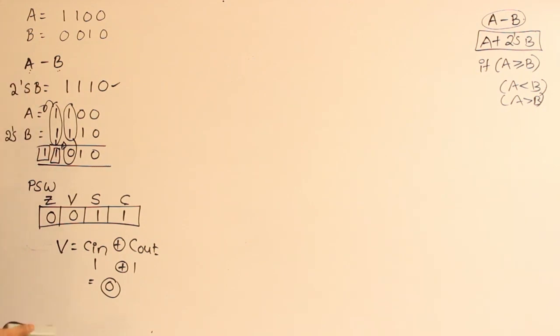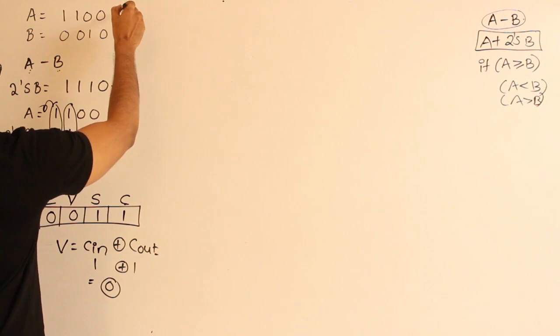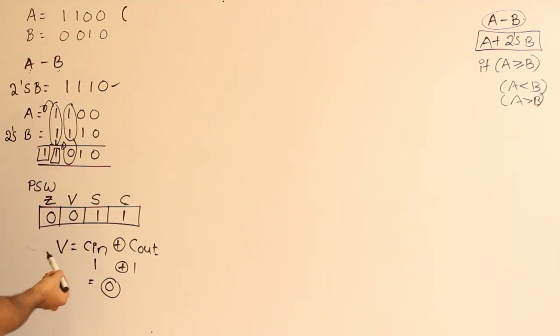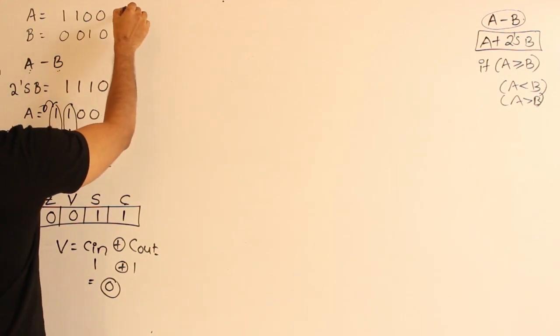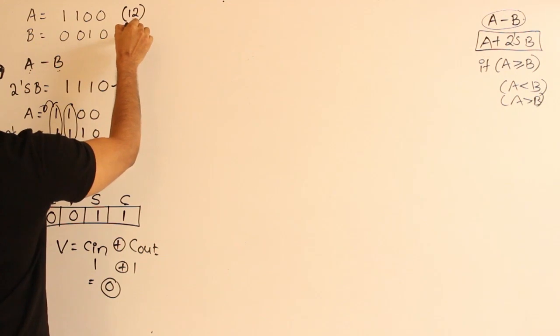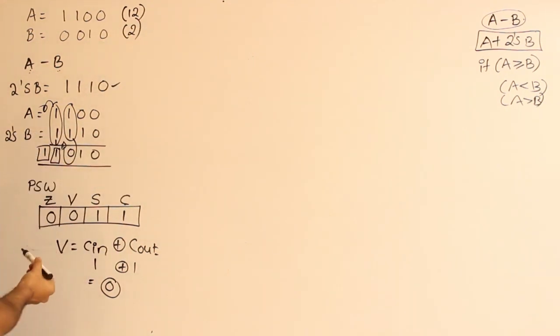But if you look at them as unsigned numbers, you can think of this one as 12 and this one as 2, right? So if you consider these two numbers as unsigned numbers, the result that should come out by looking at these 4 flags should be a is greater than b.